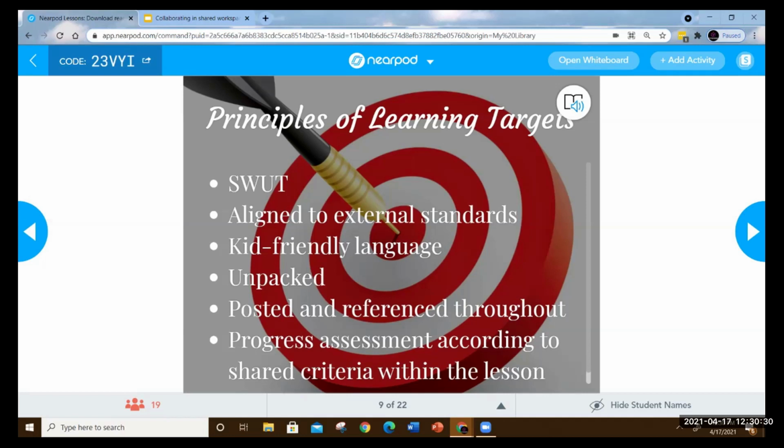Maybe you're going to want to intersperse that target in a couple of different slides, however you're presenting, so that you can keep coming back to it at critical points in your lesson. And then you want to assess their progress according to whatever criteria you told them you were going to use, like if they're going to write something, draw something, record something, whatever the case may be.